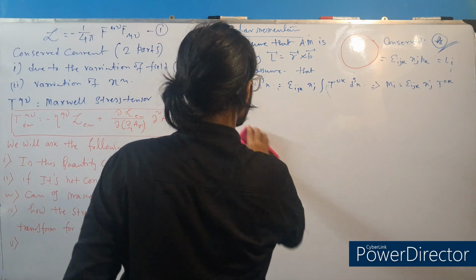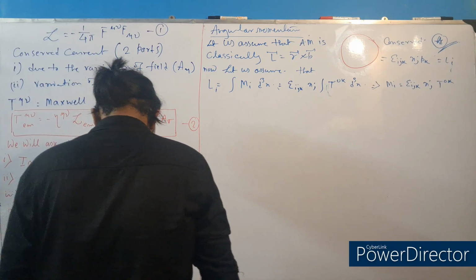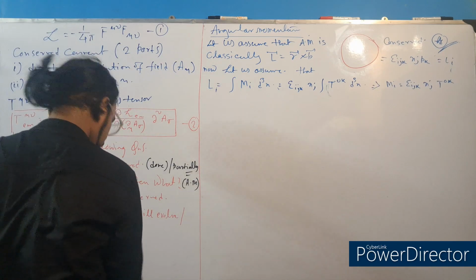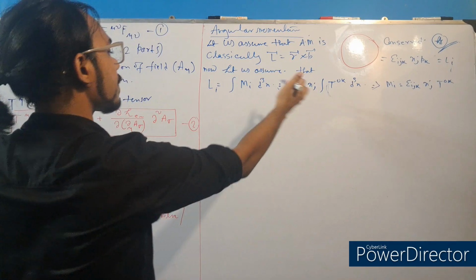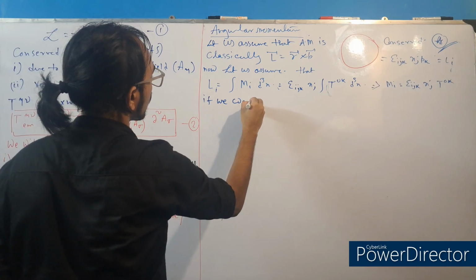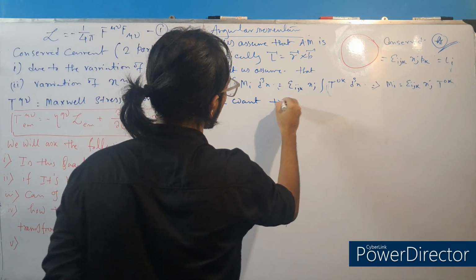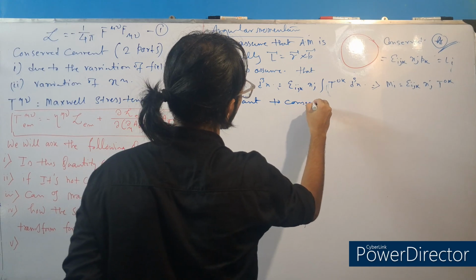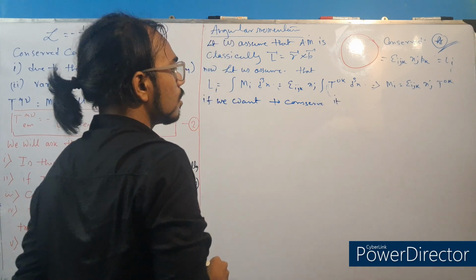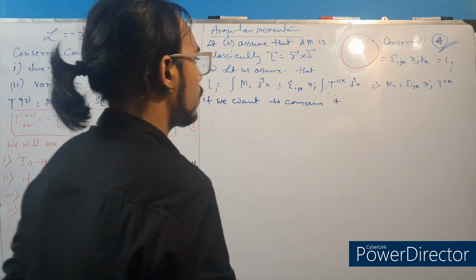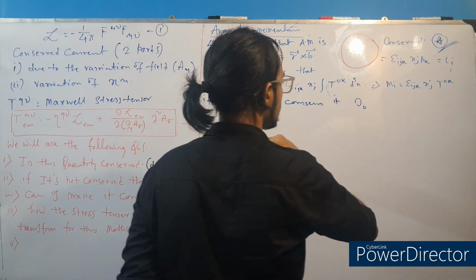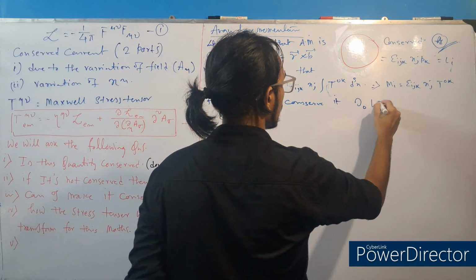Okay. So now, if we want to conserve it, we should take the derivative of angular momentum, right? del_0 L^i.